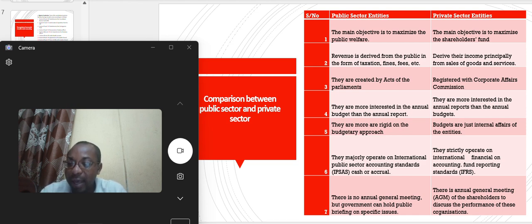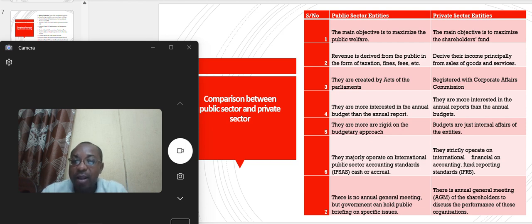They provide goods and services and sell them to members of the public, and they generate their income. But in public sector, principally through taxation, fees, fines, and other sources. There are so many other sources through which the public sector generates income, which we are going to discuss fully when we get to that topic.